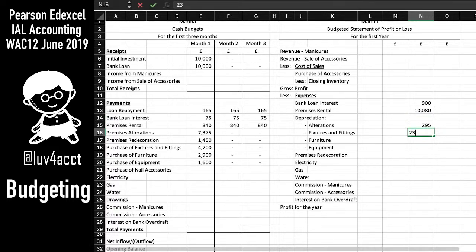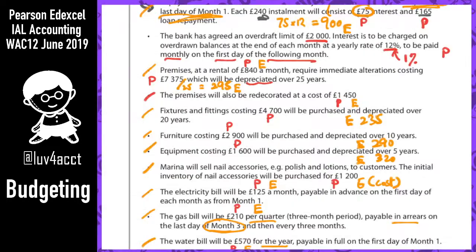Fixtures and fitting, 235, 290, 320. We still have redecoration 1450. So these few figures done. Let's go back to our question.